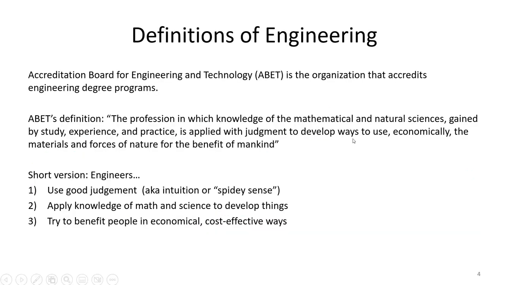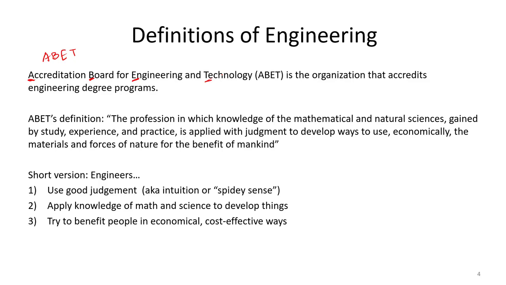Okay, so definitions of engineering. There's an organization called ABET, the Accreditation Board for Engineering and Technology. They go through and evaluate every engineering degree program, and they put their seal of approval on programs that they think are good. So often you want to attend schools that offer ABET accredited engineering degrees.